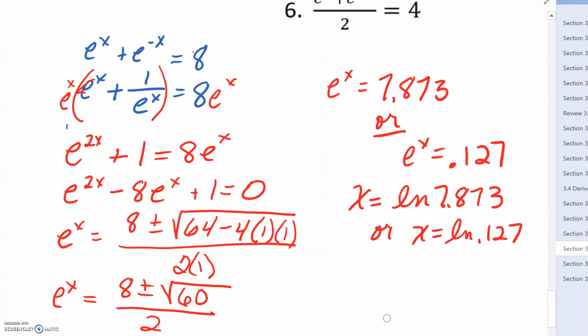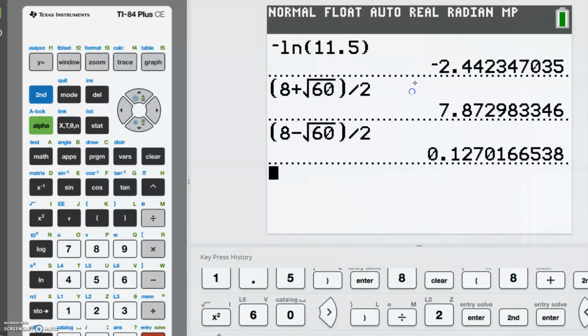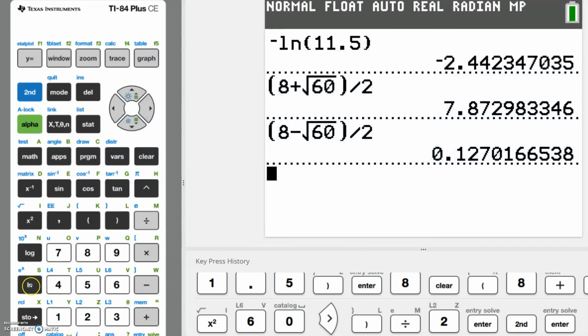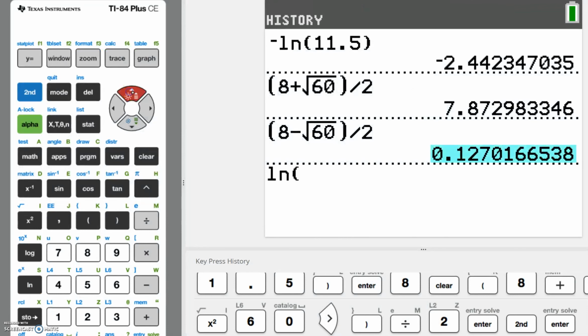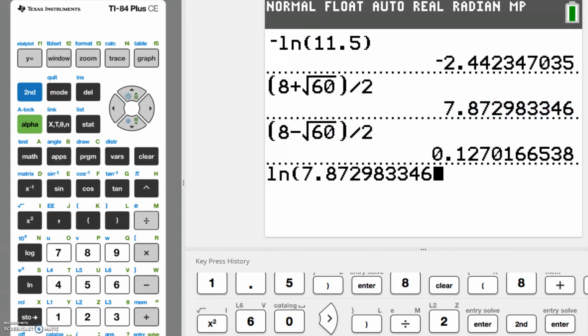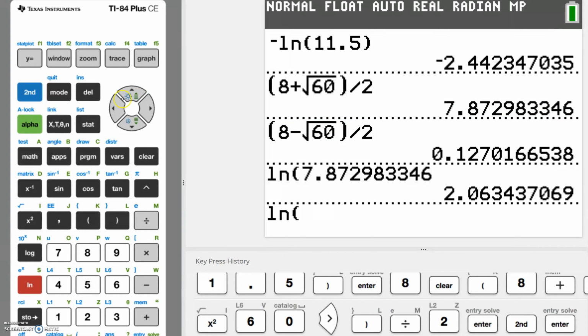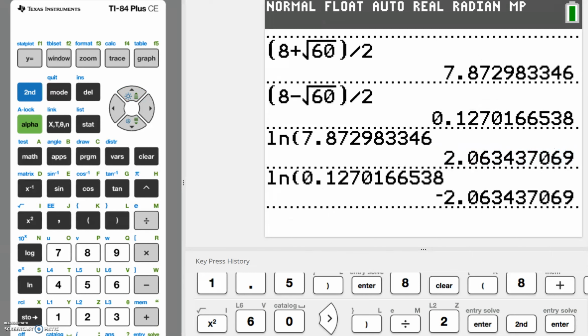And then we would just put both of those into our calculators. So we have the natural log of this 7.87 number. That's one of our solutions. And then the other one is the natural log of this number. And that's our other one.